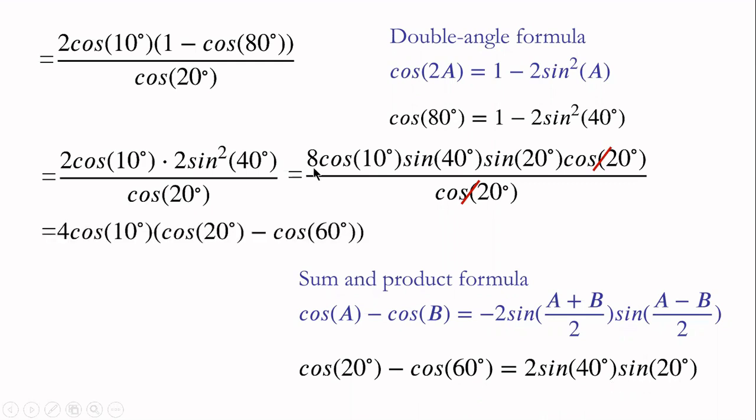We now have 8 cosine 10 degrees sine 40 degrees sine 20 degrees. We know that 2 sine 40 degrees sine 20 degrees can be written as cosine 20 degrees minus cosine 60 degrees. So we can now write equals 4 cosine 10 degrees times (cosine 20 degrees minus cosine 60 degrees).